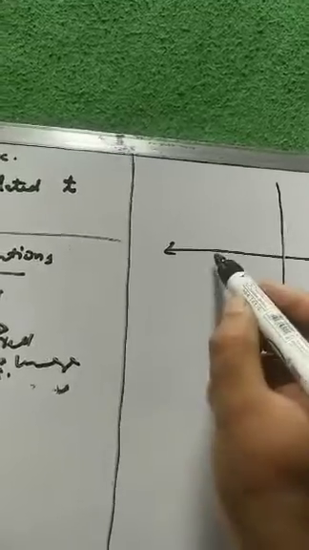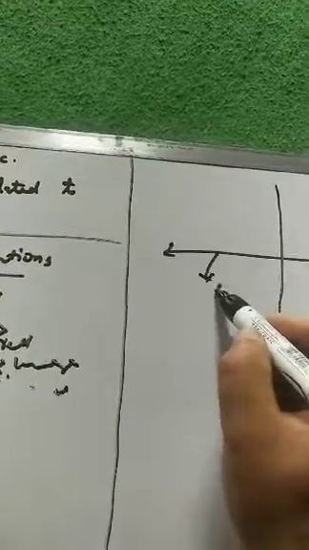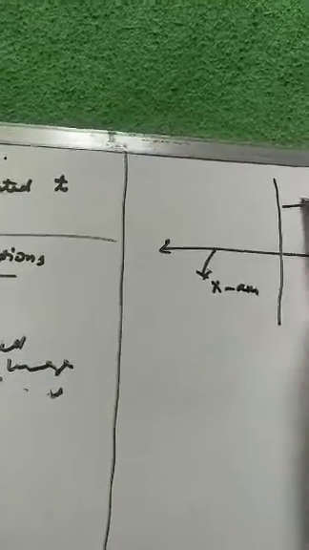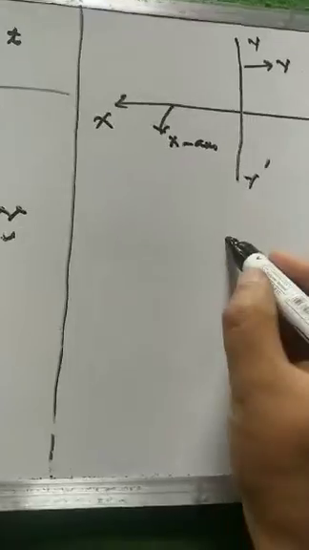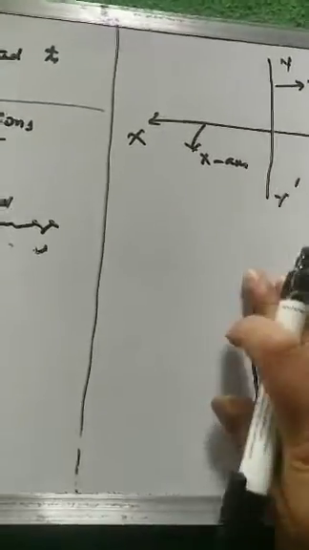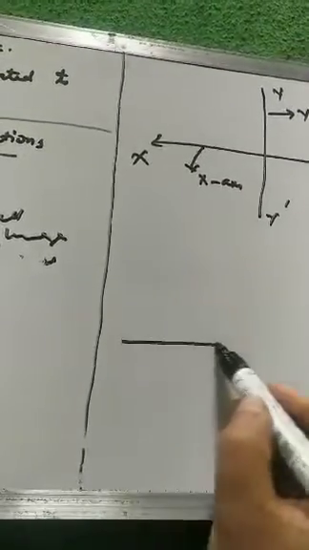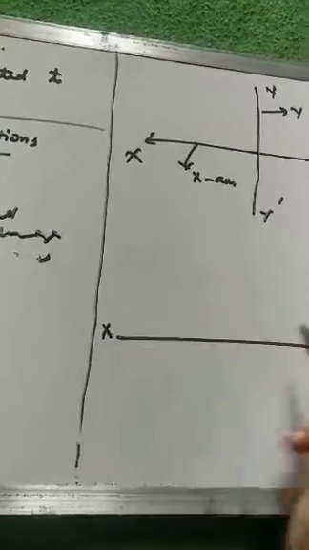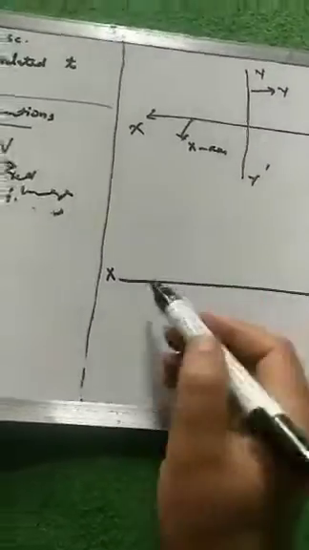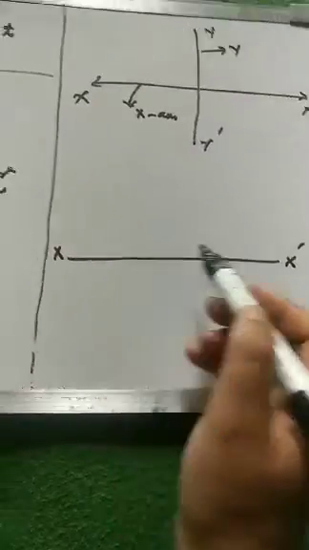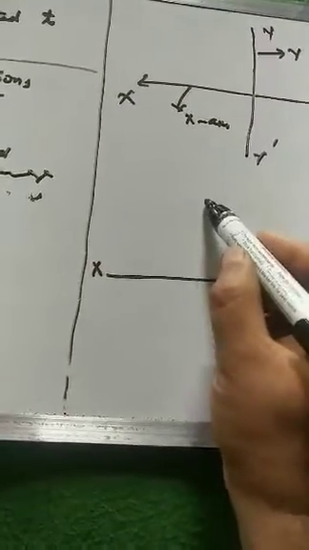ये है rectangular coordinate system, ये x axis, ये y axis, y dash, x dash. This x axis is taken as the principal axis of the mirror, and pole is taken as the origin.